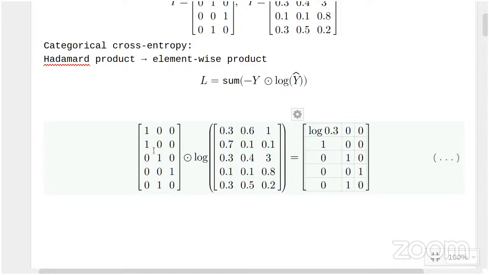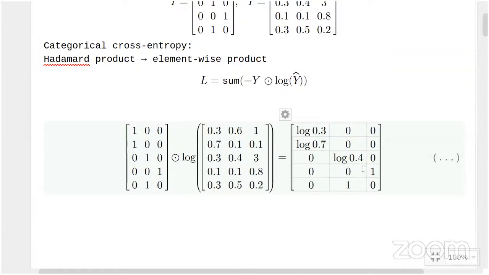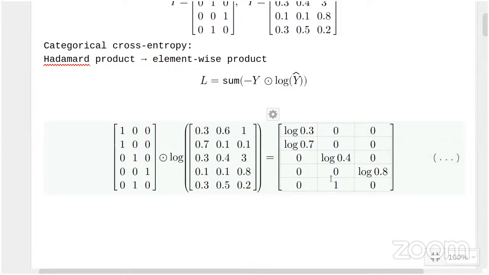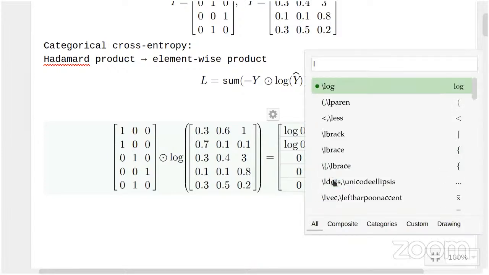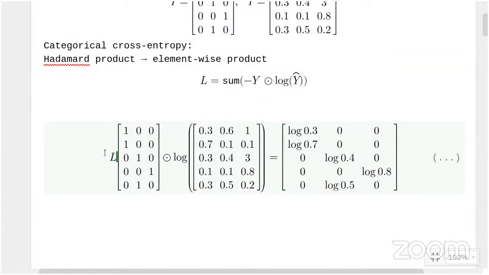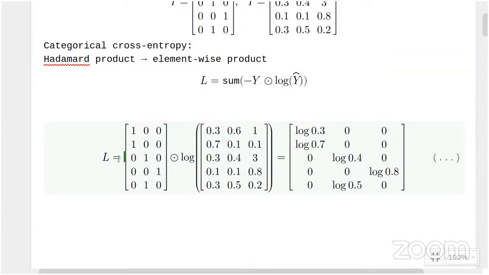So this is log 0.7. This is log 0.4. This is log 0.8. This is log 0.5, right? So L equals the negative of this, so sum of this basically, right? So let me not write L here.